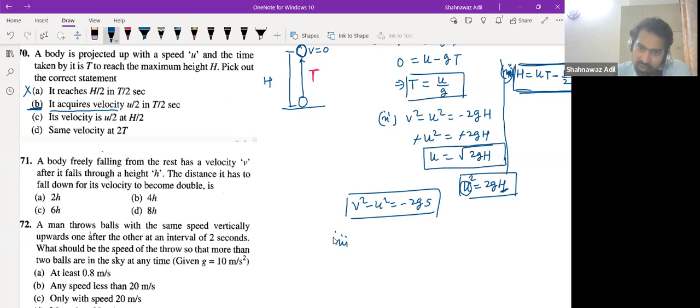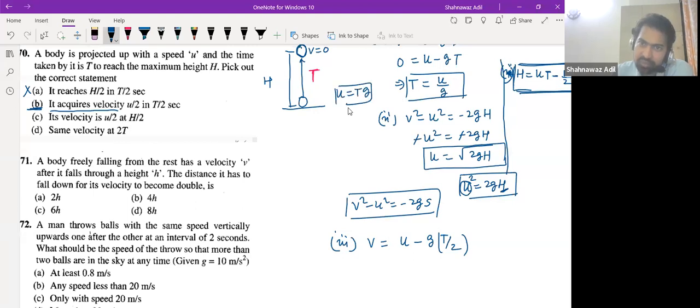My velocity would be v is u minus g t by 2, right? And we know that u is gt, from here. So if we put the value in here, this is u minus u by 2, which is u by 2. So my velocity would become half. So this is correct. Understood?